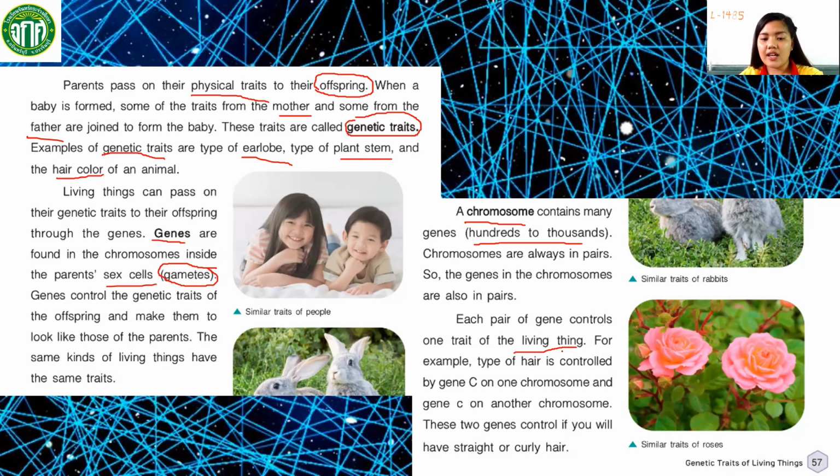We have here an example. The type of hair is controlled by gene C on one chromosome and gene C on another chromosome. They are in pairs. These two genes control whether you will have straight or curly hair.